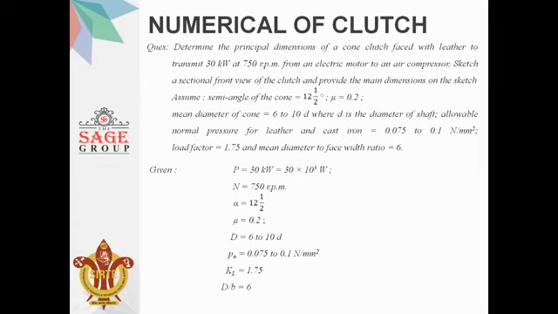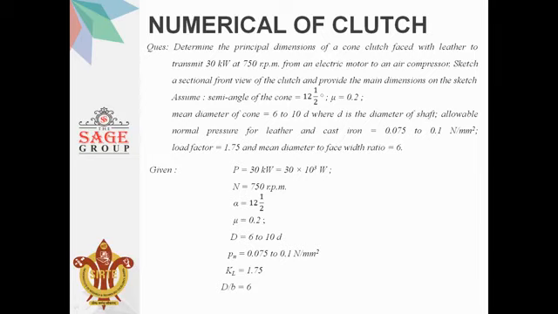Load factor 1.75 and the mean diameter to face width ratio is 6. So in this, we have to find out the principal dimensions of the cone clutch, all the dimensions of the cone clutch for which the data is given. So let's see first what data we are provided with.